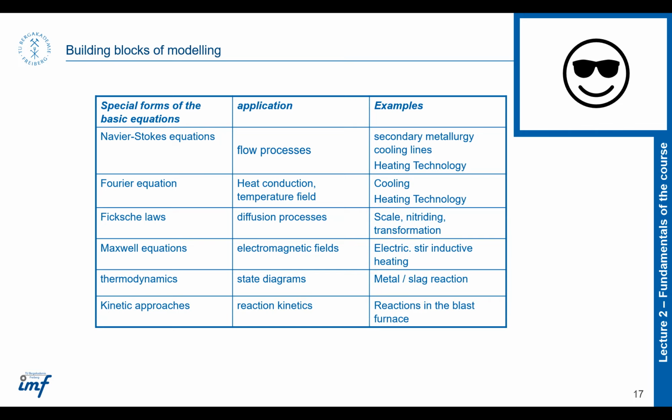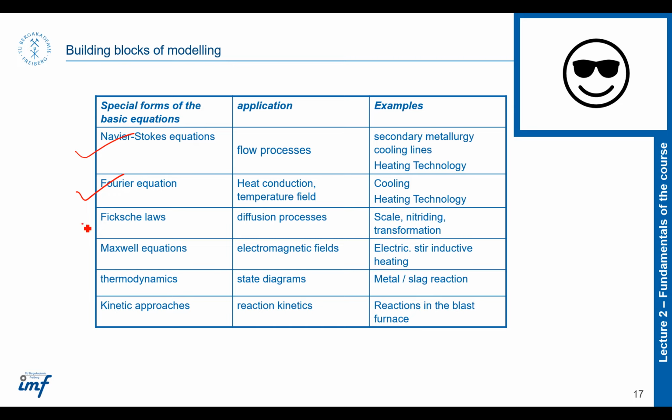As he mentioned, there are also different building blocks of modeling. There are different types of basic equations which can be applied to those smaller discretized elements to calculate different processes. A few of them are Navier-Stokes equations for calculating the flow processes within those small elements. Then there are Fourier equations for calculating the heat conduction and temperature fields in those elements one by one, and then assembling them together.